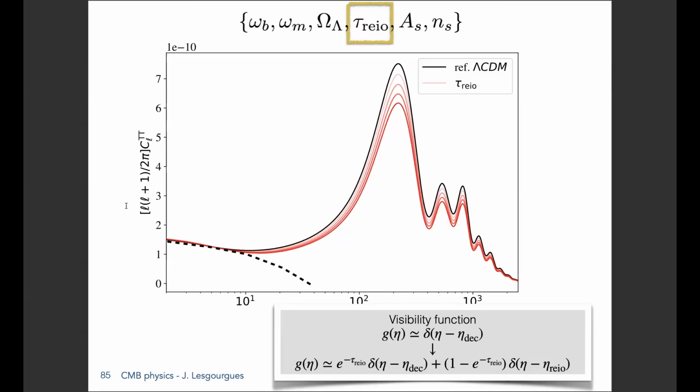In fact, if you zoom here, you will see that the red curve is larger than the black curve, because the contribution from correlation at reionization does more than compensate the suppression induced by reionization on other scales. But overall, it looks like a step-like suppression. It looks like you have a negligible effect here, and then a step, and then a constant suppression factor. And this is the effect of reionization.